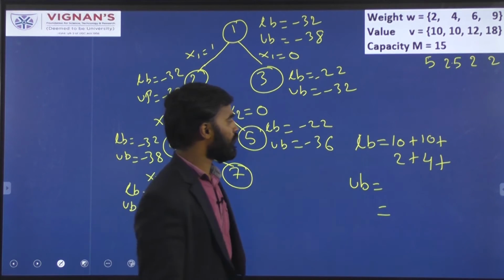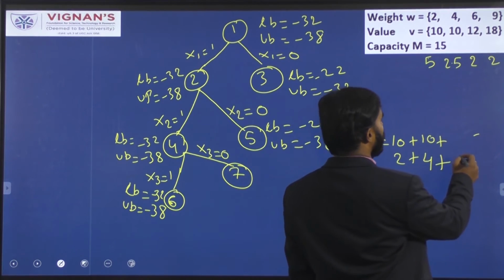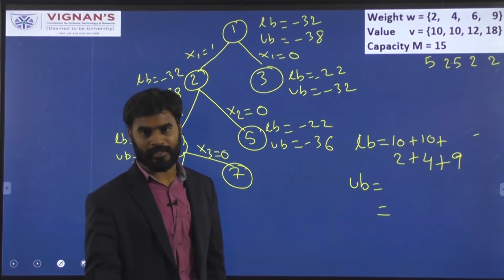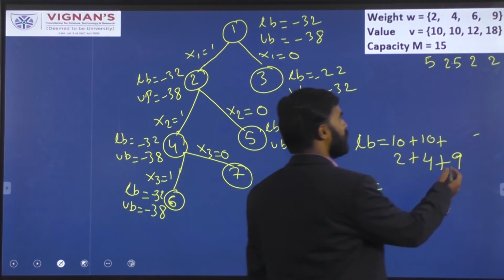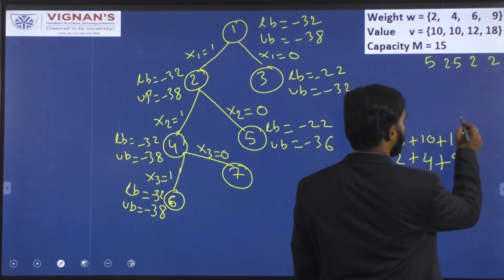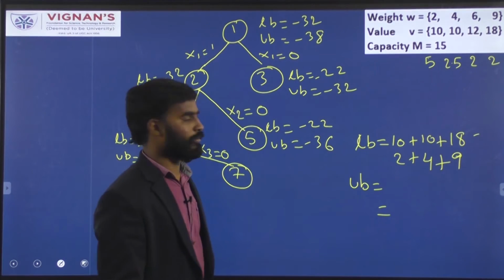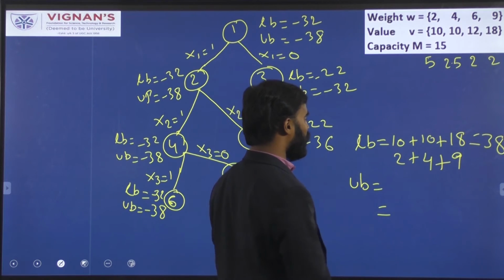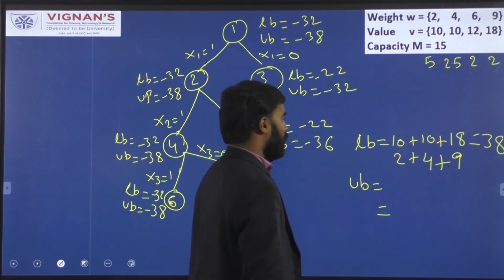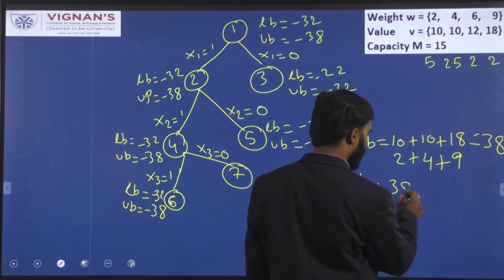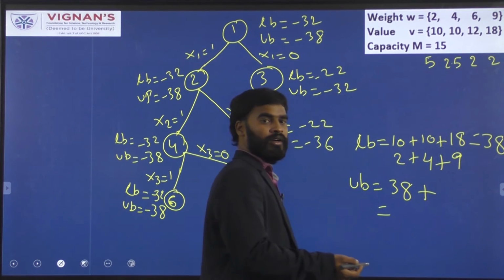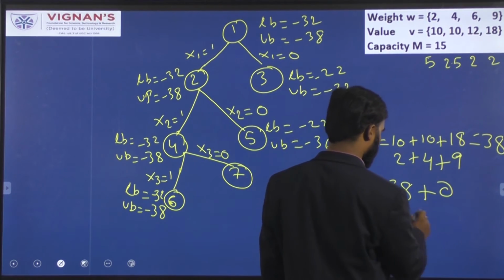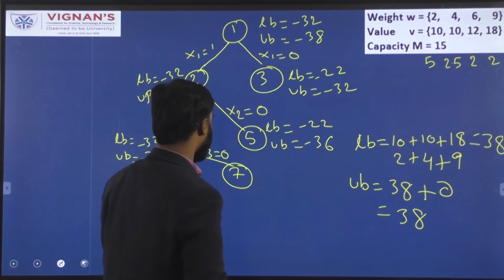If I add the 4th item whose weight is 9, the total weight becomes 15, which is not beyond the capacity of the knapsack, so I can add the value of the 4th item. So the lower bound is 38 and the upper bound is the value of current selection plus the remaining weight times the profit of the next available item. There is no remaining weight, so the upper bound is 38. Lower bound and upper bound are both 38.